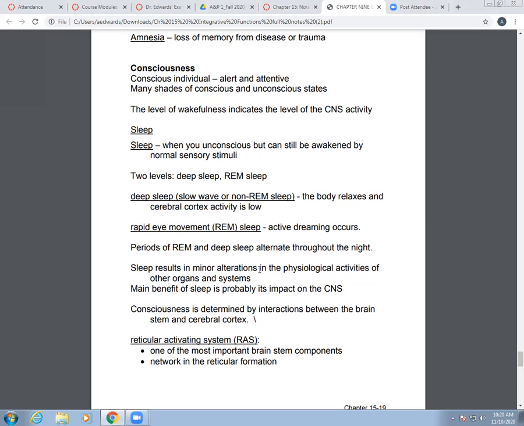So certain things happen to your body in those different times. It's not just allowing you to get rest, sleep also benefits your central nervous system. And consciousness is going to be determined by interactions between your brainstem and your cerebral cortex.